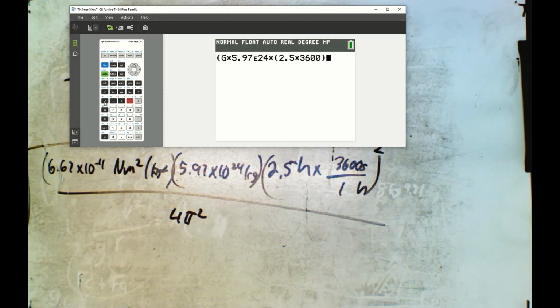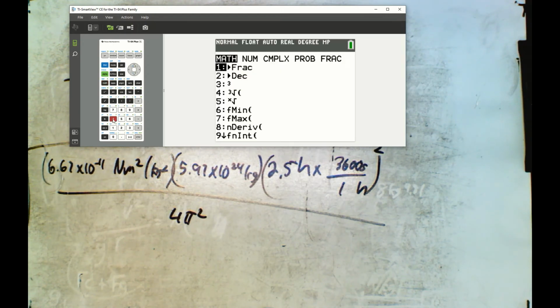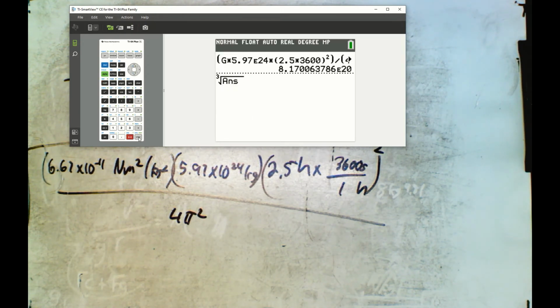Close my bracket, square it, close my top bracket, and then on the bottom I have 4 pi squared, close that bracket, and then I have to math 4, my answer, and this is what I get.